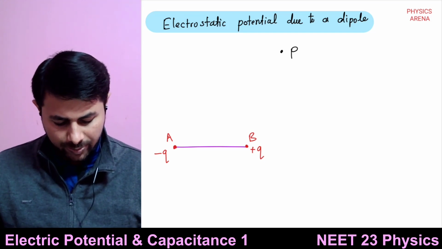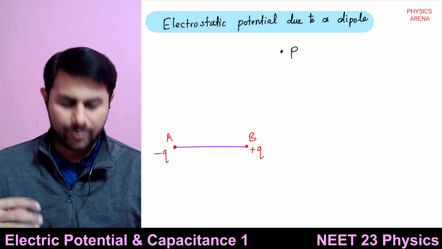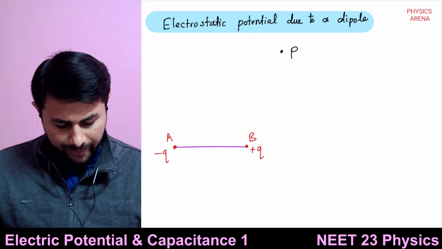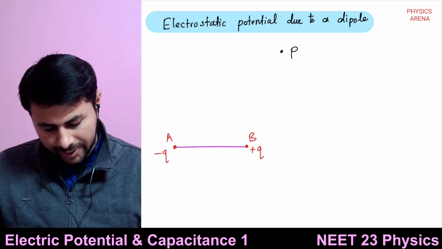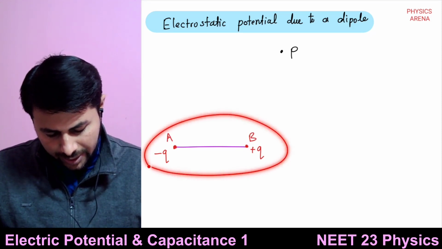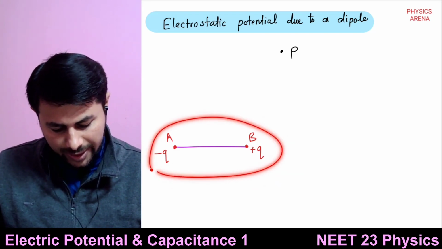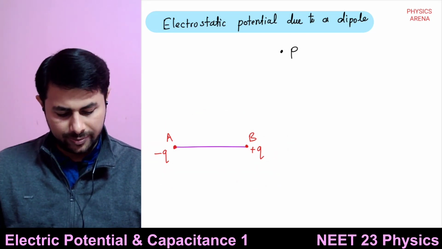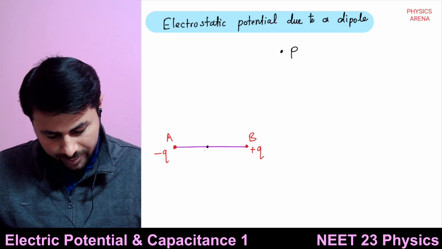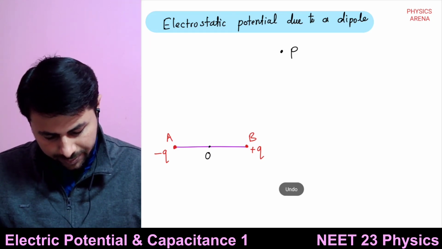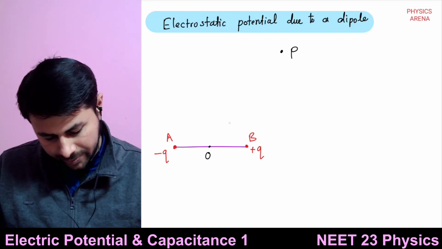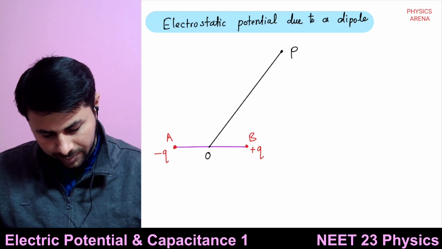So I have this electric dipole. Suppose minus q is at point A, plus q is at point B, and I want to find out the electric potential due to this dipole at point P, which is at some distance from the center of the dipole. The center of the dipole is point O. Let's join point P with the center of the dipole.